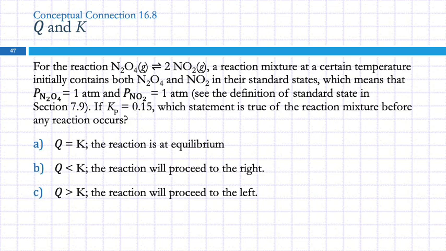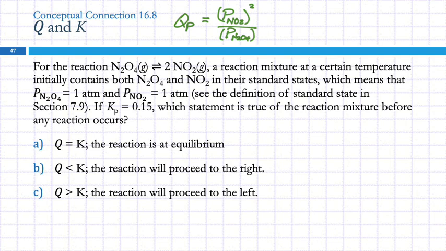Well, how do we calculate Q? It's going to be the same as we did in the previous one, except here it's going to be QP, right? It's the pressure of the product squared divided by the pressure of the reactant. Well, we don't really need to do any math there because they're both 1.